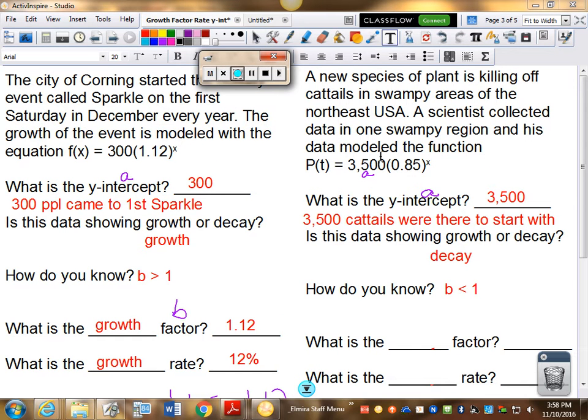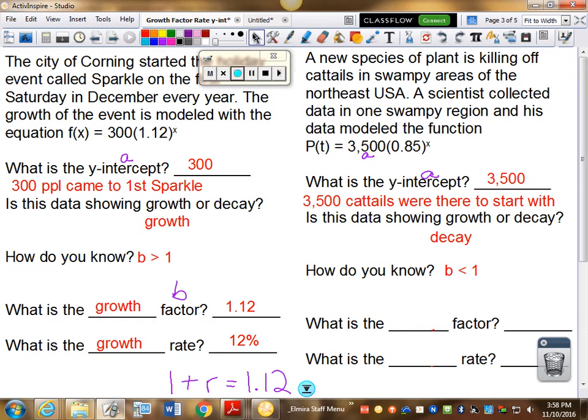So B is less than 1. So we're going to have a decay factor and a decay rate. The decay factor, remember, is as simple as going into your equation and finding your B. That's 0.85.